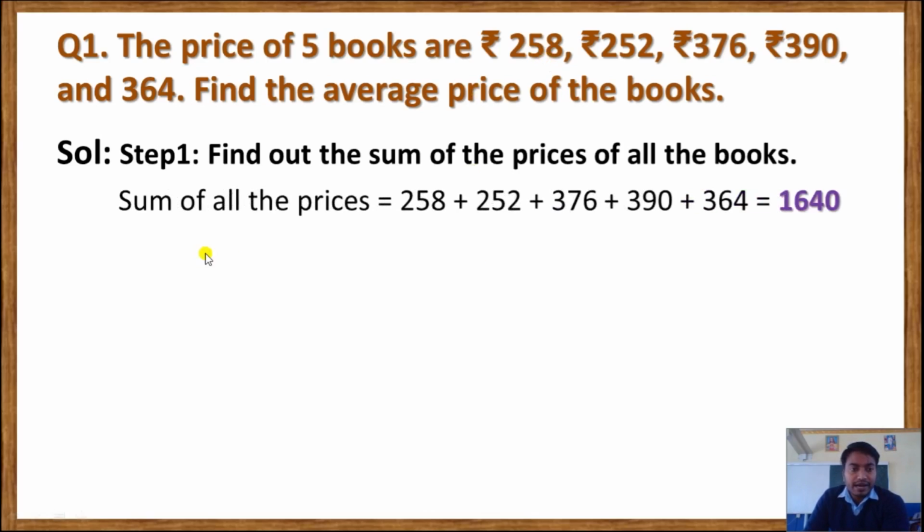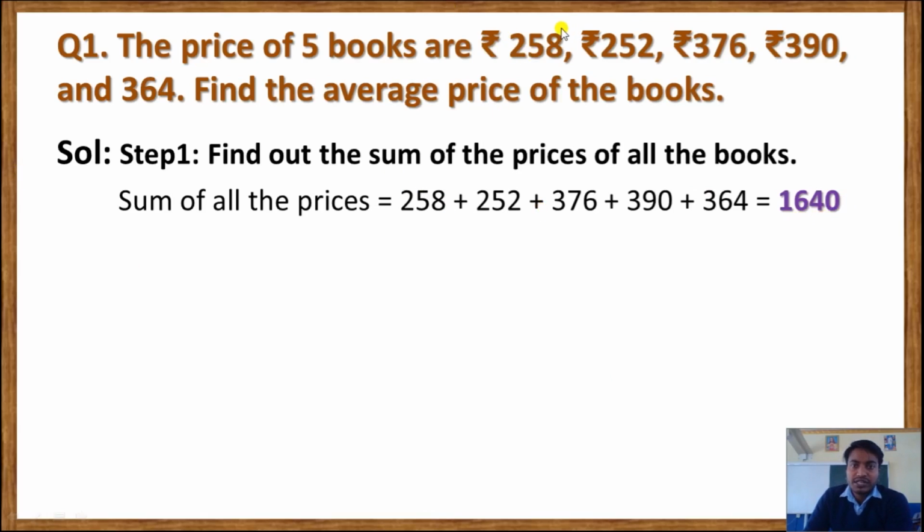So when we add, the sum of all the prices equals 258, 252, 376, 390, 364. When we add, we get 1640.